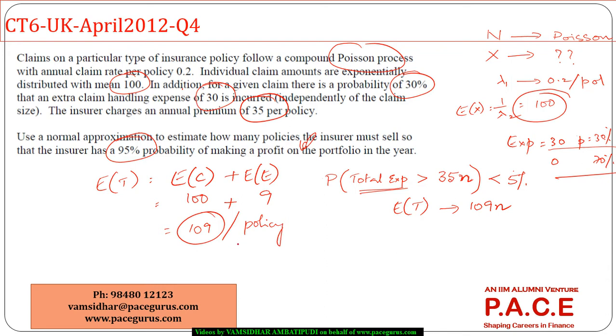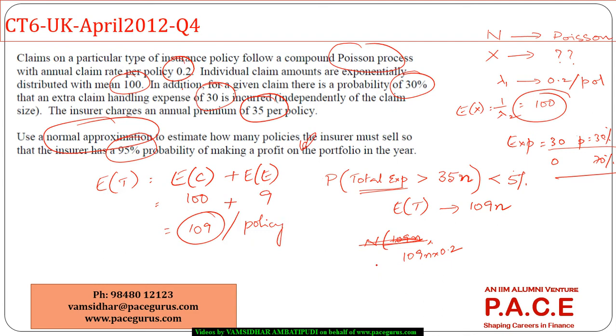Similarly, I should now compute the variance because we are using a normal approximation. The normal approximation talks about normally distributed claims. The mean of them is 109n. Here we are talking about policies with a claim rate of 0.2, so I should multiply 109n by 0.2.